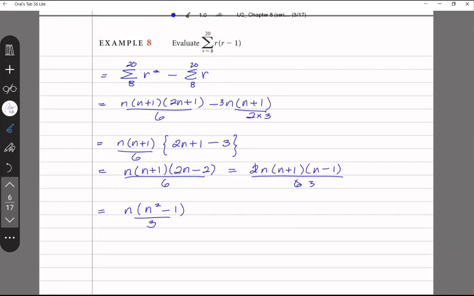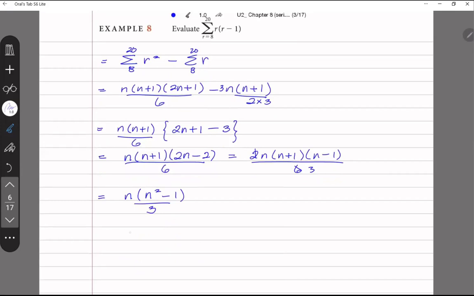Now that I have the formula, I could say that the sum from r equals 8 to 20 of r times r minus 1 is equal to, well, this is the formula for when r starts from 1.